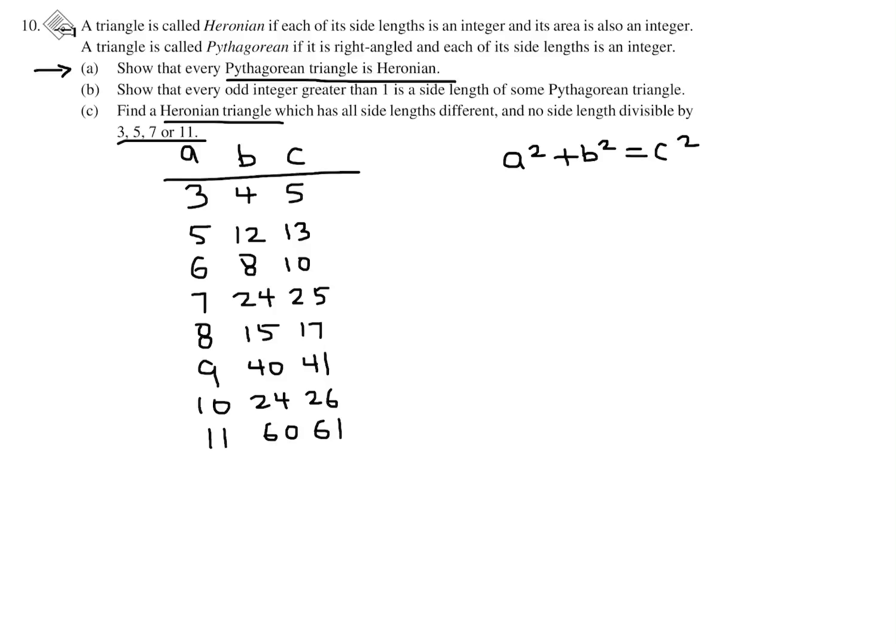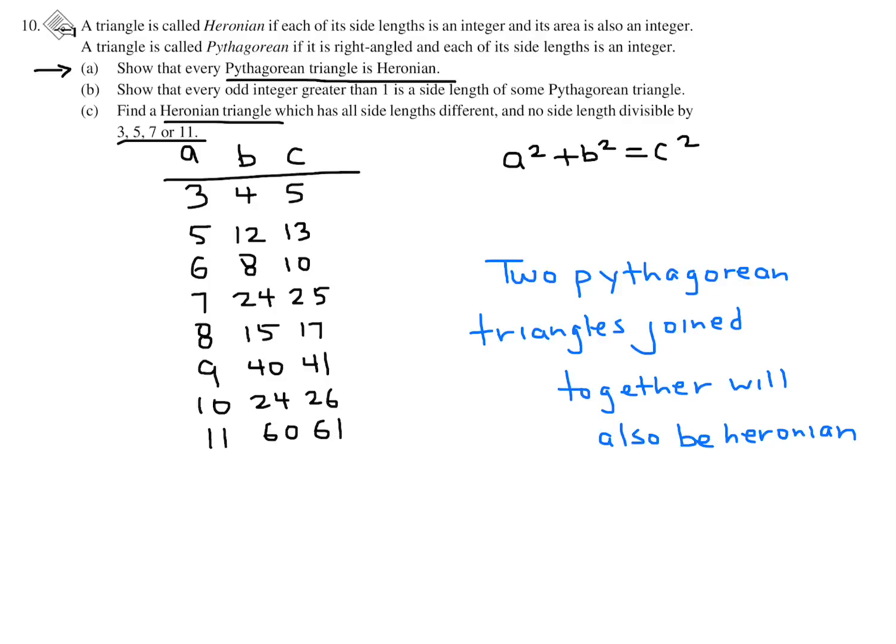Now, the key to this question is to understand the following: if you have two Pythagorean triangles and you join them together, they will also be Heronian. Now, why is that? Is it just something I pulled out of nowhere? Or is there some rhyme or reason to this? Well, just think about it for a second.